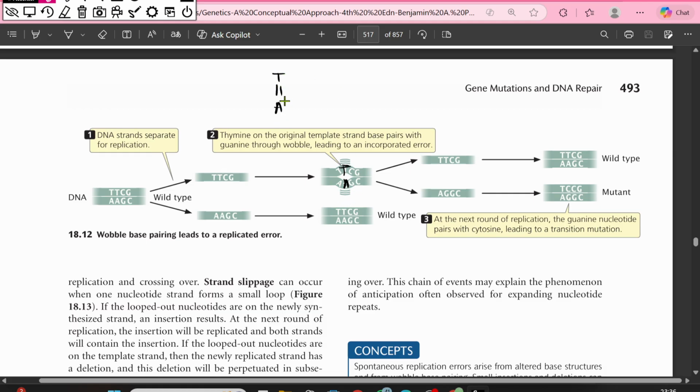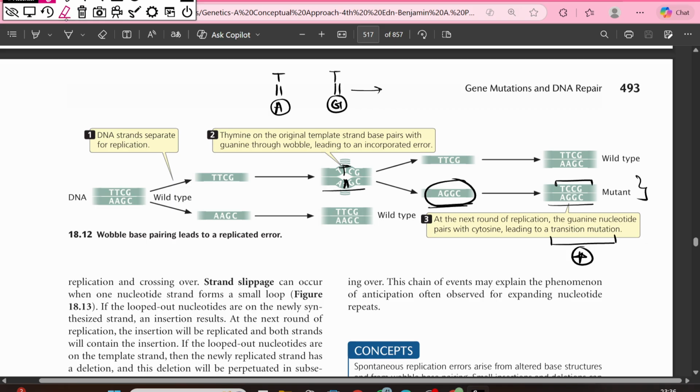But because of the wobble base pairing, instead of this adenine, guanine comes into the position. So now this parental strand will be serving as the parental strand, the new strand formed will look completely normal, and in this condition this will be called a transition mutation, wherein this mutation will be permanently fixed.